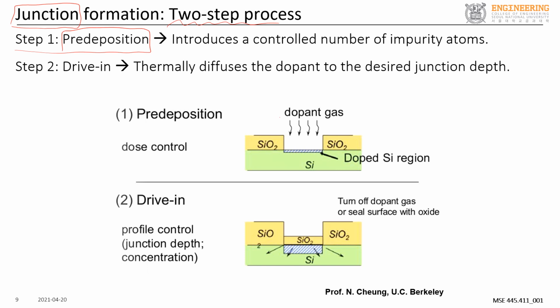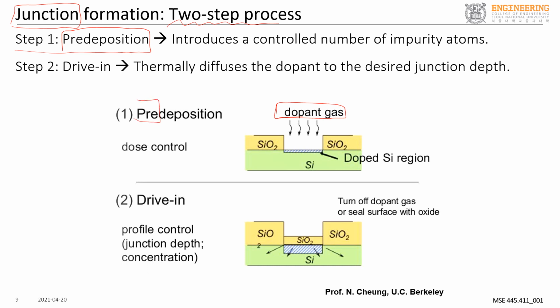This is an example: you could put the whole wafer in the chamber. Similar to thermal oxidation of silicon oxide, this gas will penetrate into the silicon, especially at the surface. So if you put the wafer in the dopant gas chamber, the dopant atoms will penetrate into the silicon like this.